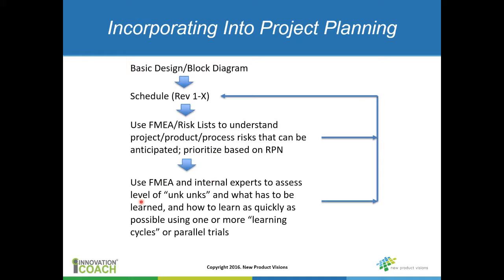And so now that's going to point you in the direction of using some of these other techniques like iterate and learn, the learning cycles, or parallel trials, in order to learn as quickly as possible and really understand the root causes and how we're going to deal with those particular risks. And again, that feeds back into the schedule, and on it goes until we get to market.